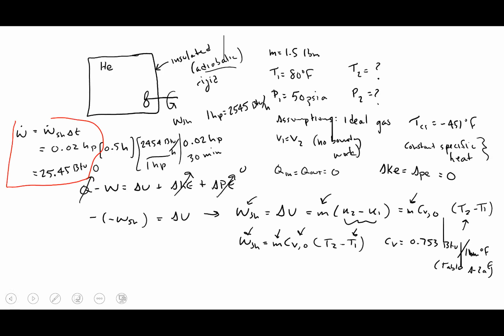So the shaft work is equal to m Cv naught (T2 minus T1). And so we're just going to plug our values in and solve for T2. So we have 25.45 BTU. We calculated this previously right here.